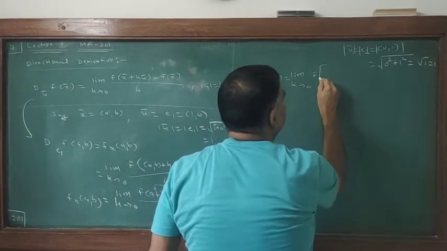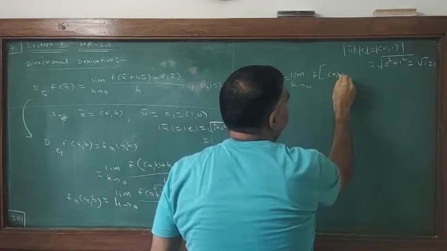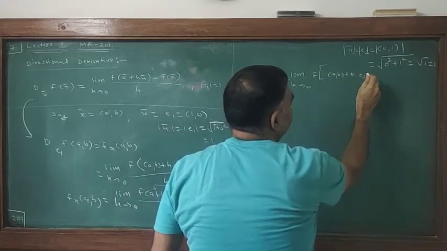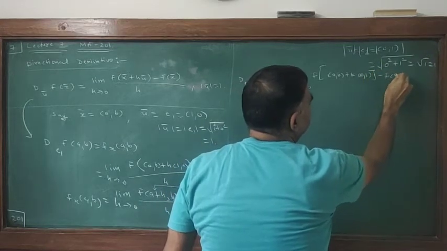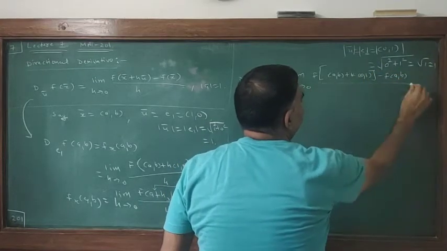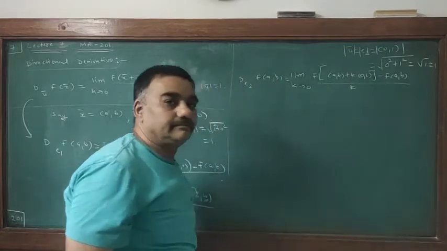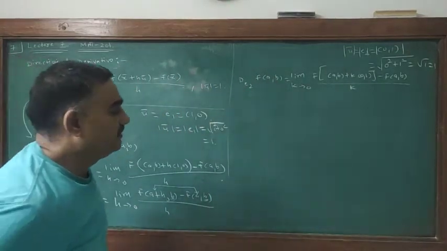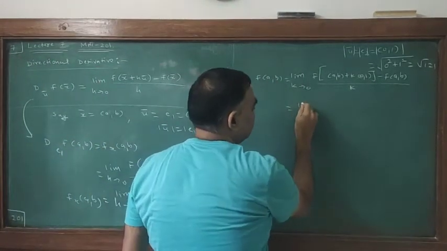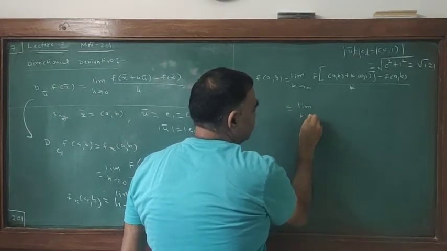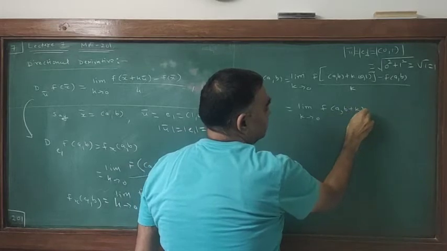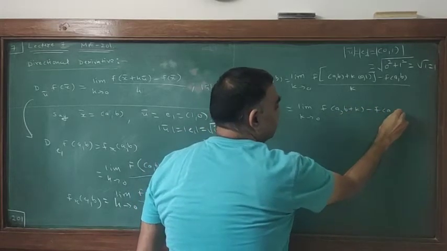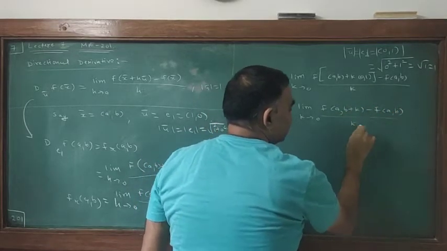f of (a, b) plus k e2, where k e2 is (0, k), minus f of (a, b) upon k, and this is equal to the limit as k tends to 0 of f of (a, b plus k) minus f of (a, b) upon k.